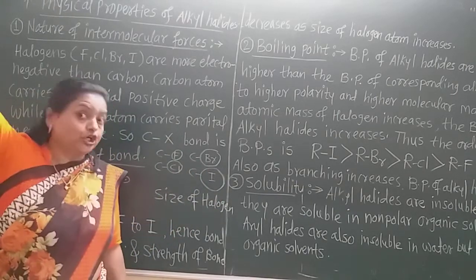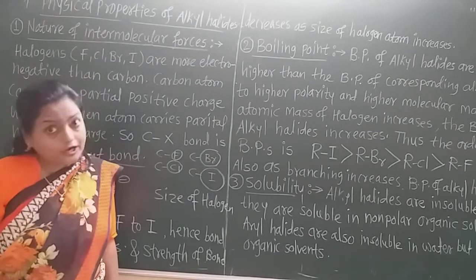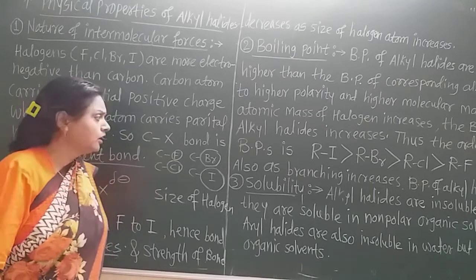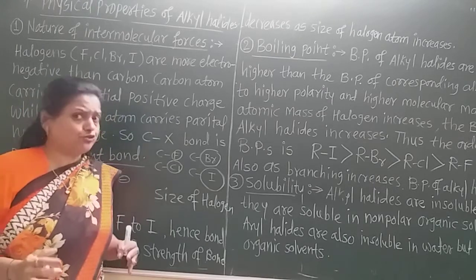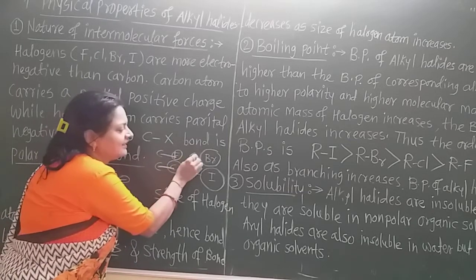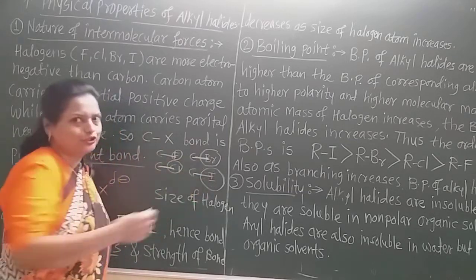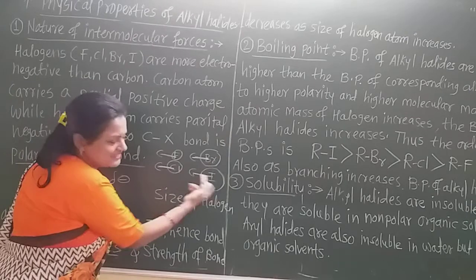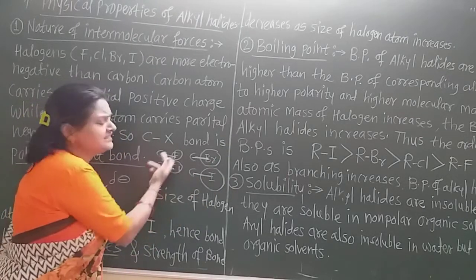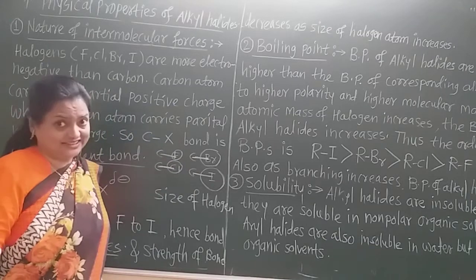We know that in the group, as we go from top to bottom, from fluorine to iodine, the size of the atoms increases. Now due to the increase in size, what happens? The bond length also increases. We know that as the size of the atom increases, the internuclear distance increases, and internuclear distance is nothing but the bond length.